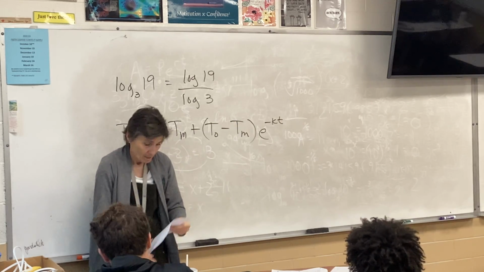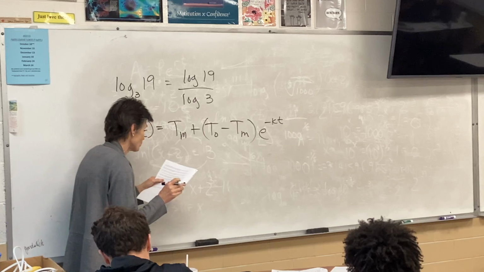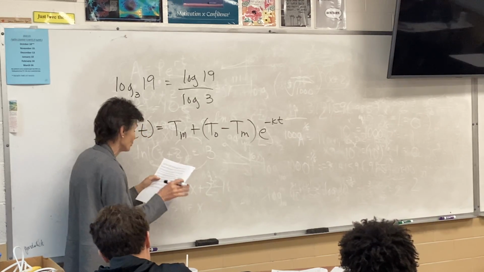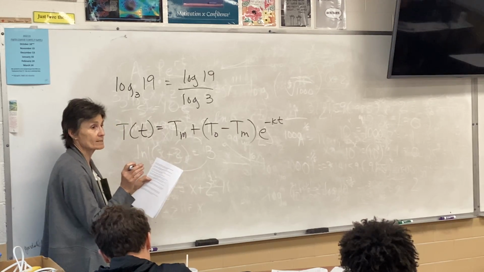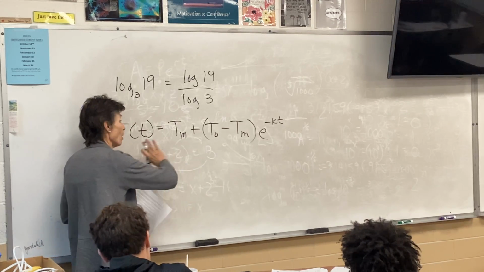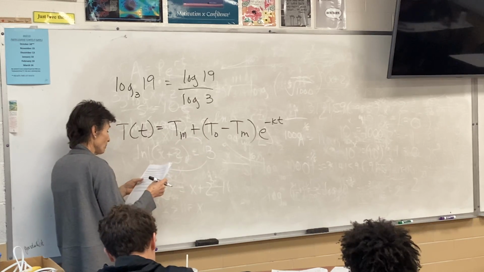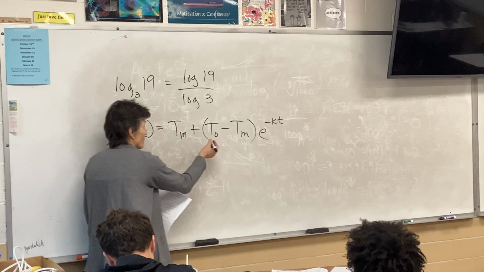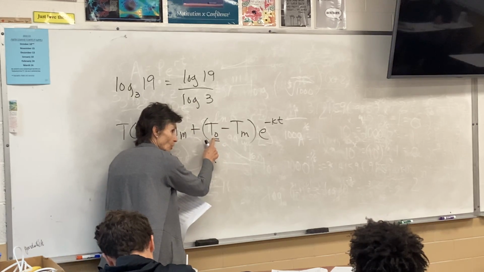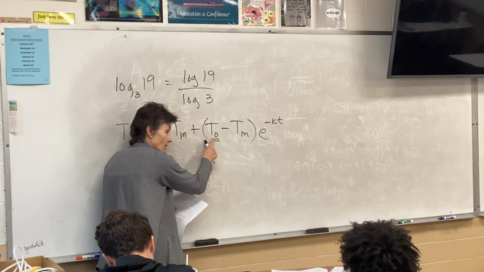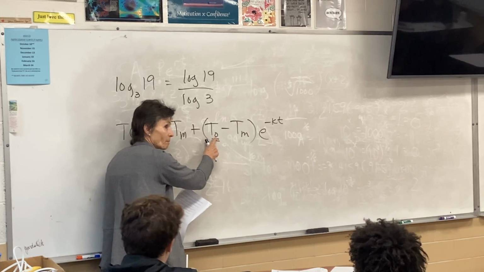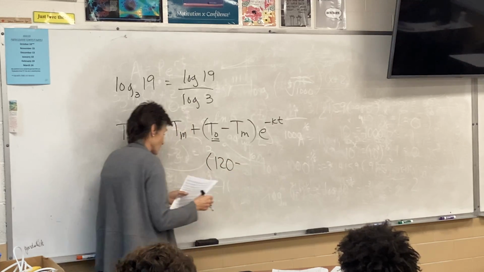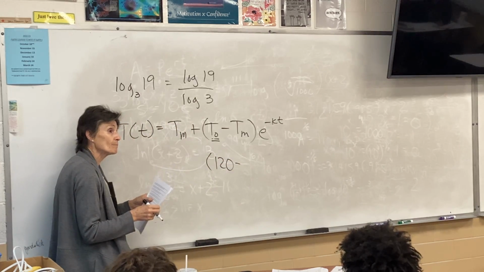So, a pan of brownies cools from 120 degrees to 80 degrees after 21 minutes in a room that is 24 degrees. Stop right there. Let's put all that in. Where do I put the 120? That's the initial temperature. It doesn't stand for original, but think of it as original temperature. Where do I put the 80?